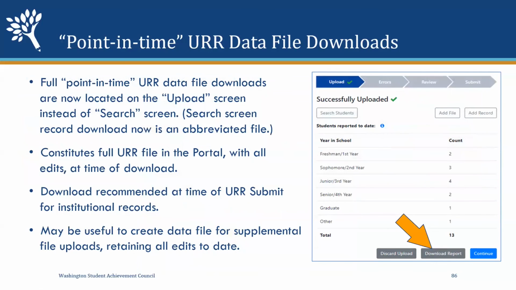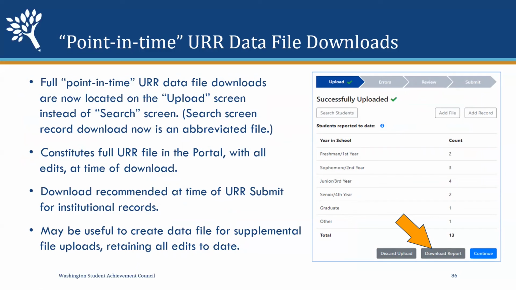One additional option that you have is to download a point-in-time unit record data file. This actually is not new. The ability to download a point-in-time data file has been available to you for several years now.